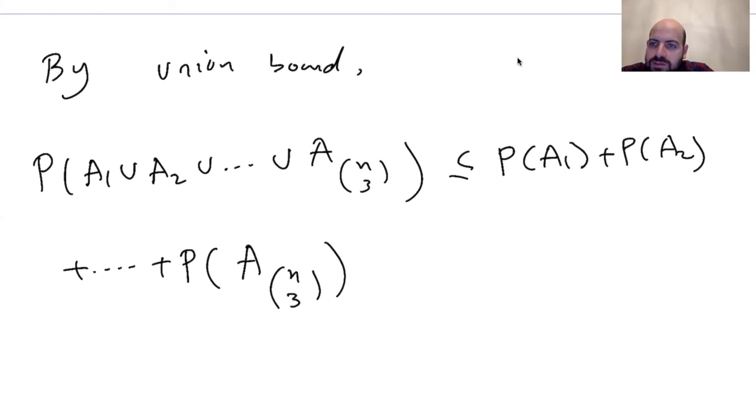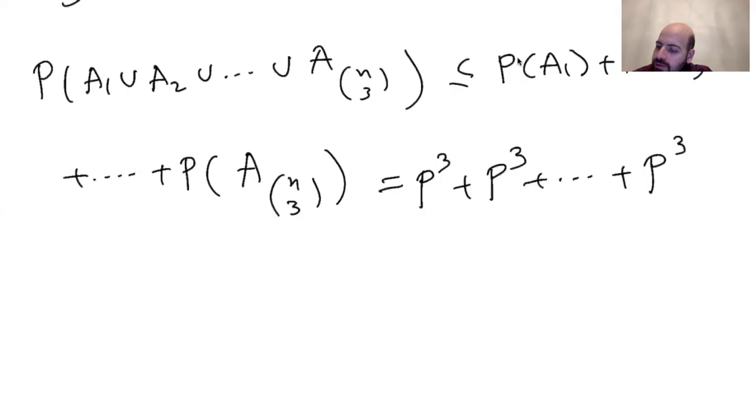So P of A1 is p to the power 3. Another p to the power 3 for A2, and so on. For the last one also p to the power 3. So this is n choose 3 times p to the power 3.